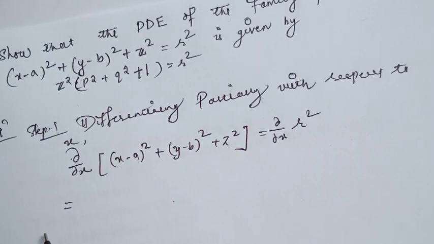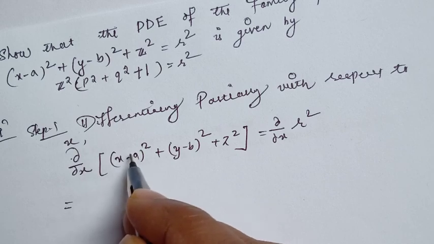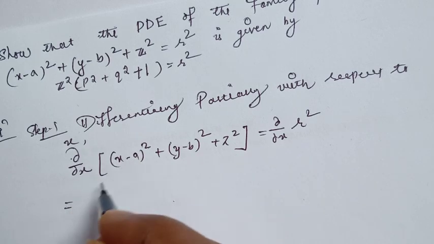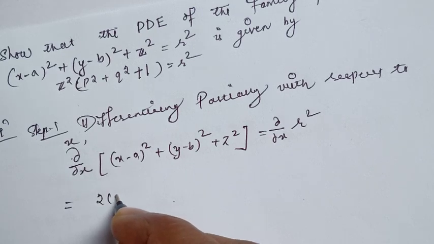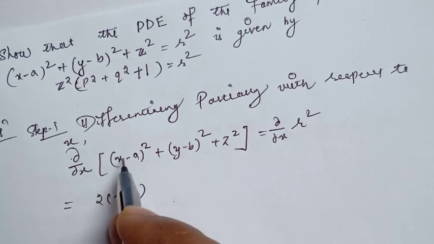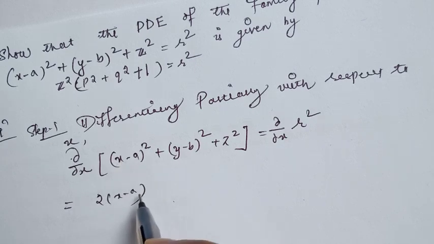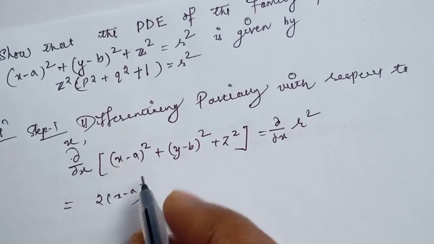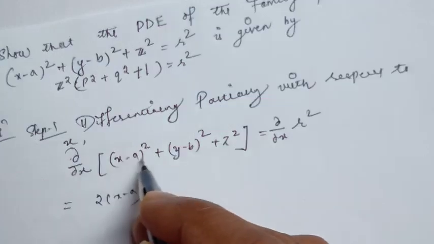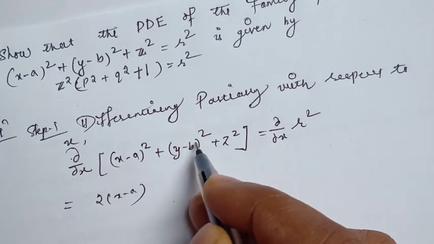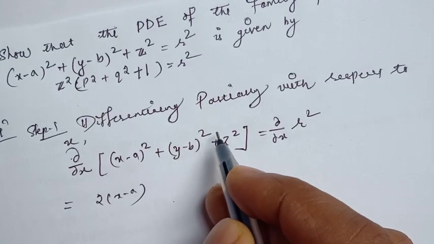This equals, differentiating partially with respect to x: the first term gives 2(x − a), since d/dx of (x − a) is 1, multiplied by 1. Differentiating partially with respect to x, the function of y will be 0.